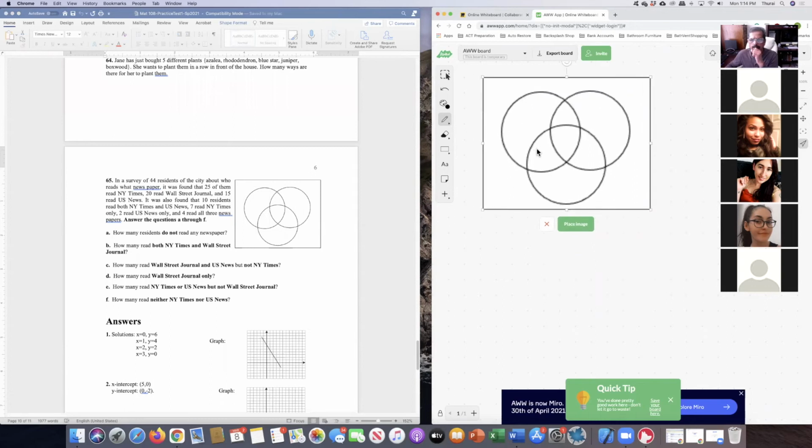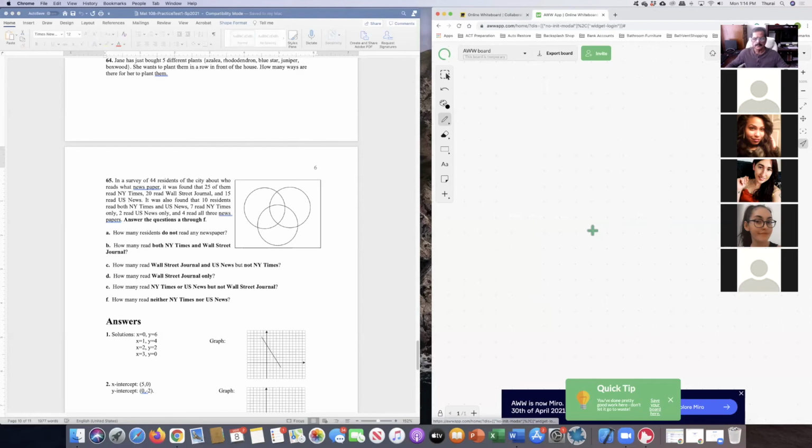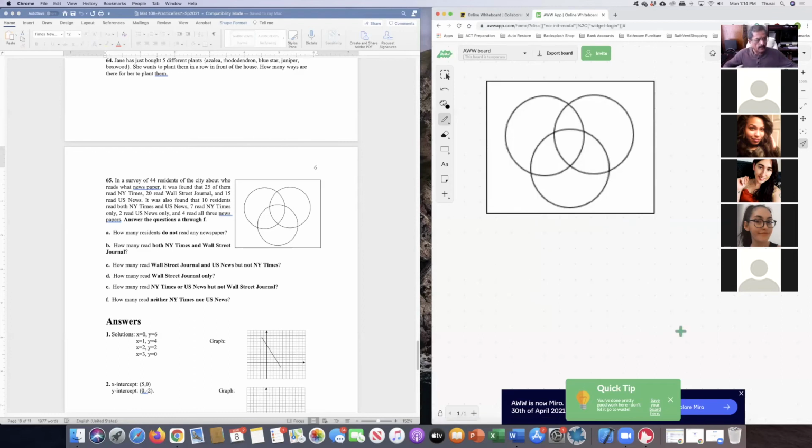Okay, so we need to put the numbers in the right sections. First of all, it says 44 residents. So 44 is the universal set count. And 25 read New York Times.